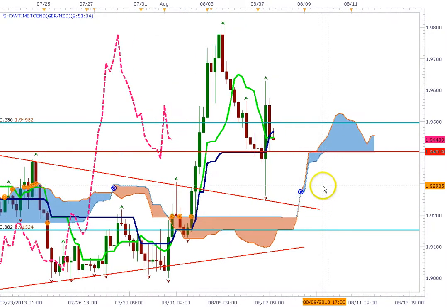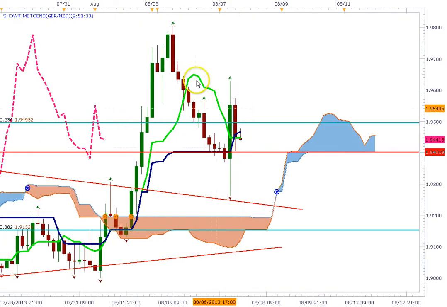And this pair moves a lot. The ADR on this pair is probably like 200 and something pips.